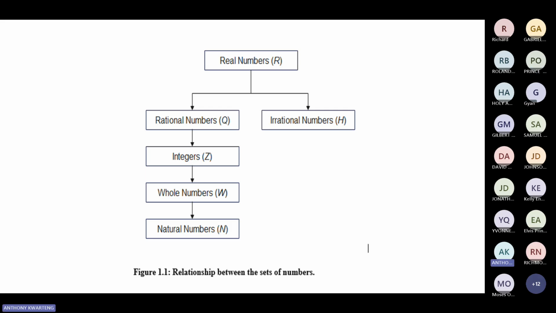Can you give me an example of a non-perfect number? 2. 3. 5. 8.